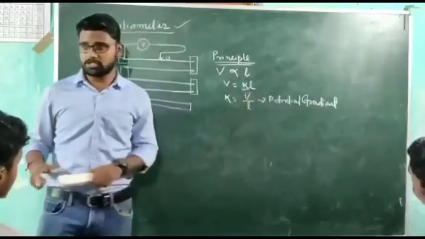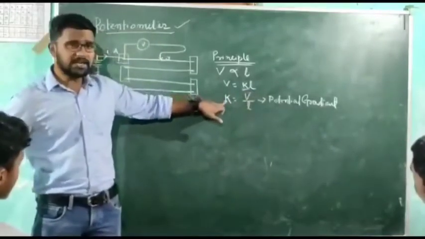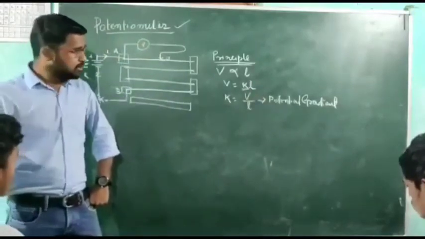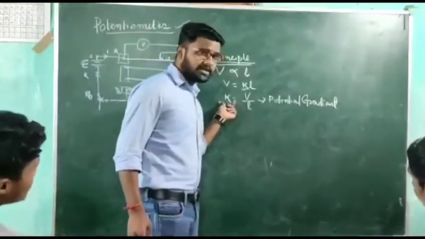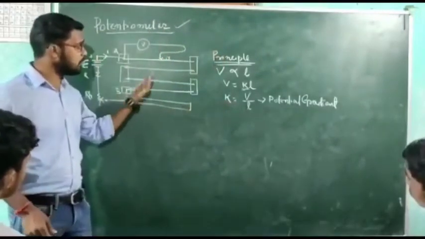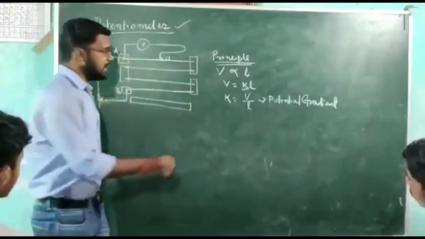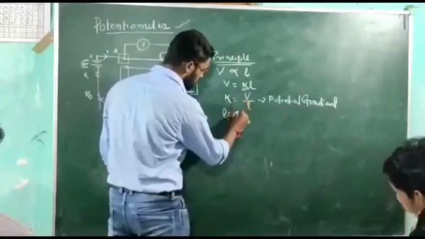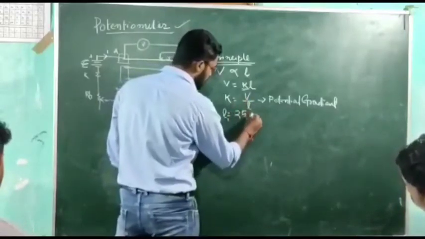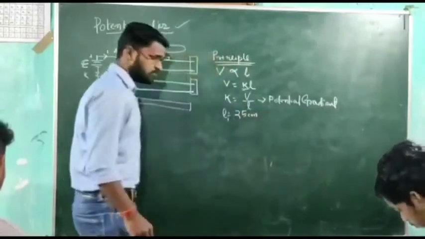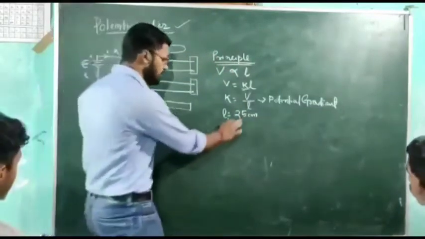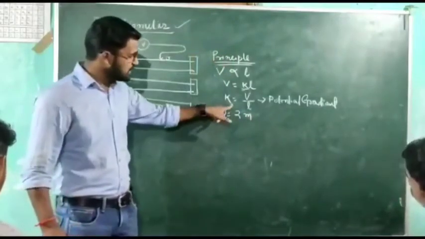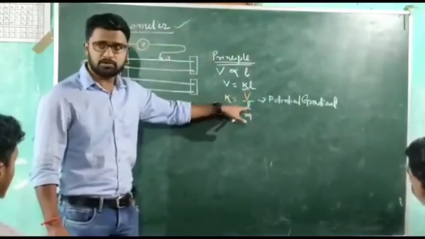So if you know this and you want to find the potential drop across a certain length, suppose I have a length L1 is equal to 25 centimeter, or 2 meter, anything. Say 2 meter. So per unit length the potential drop will be this much.